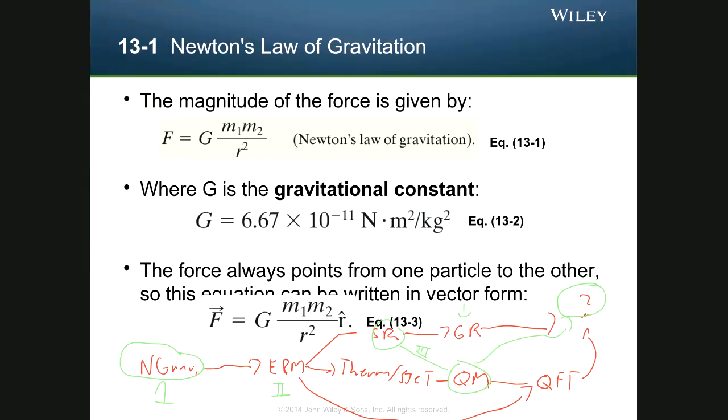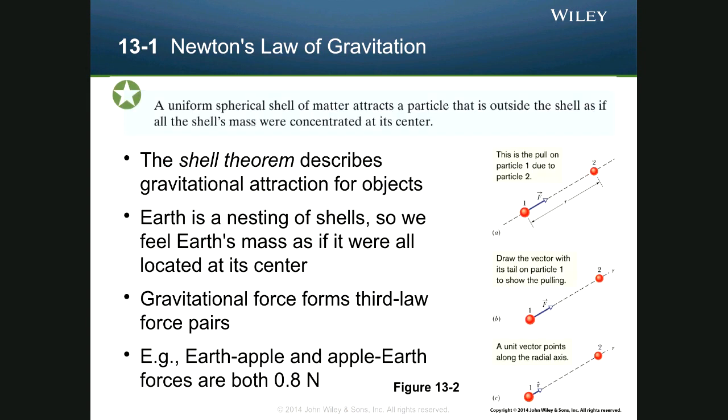So let's take a look at some of these examples of how they attract. All right, so we can see here that we have a particle 1 and particle 2, and we're just going to concentrate on particle 1.